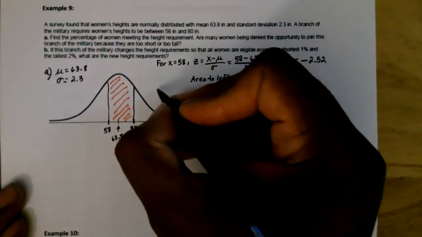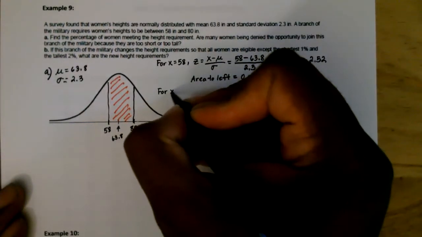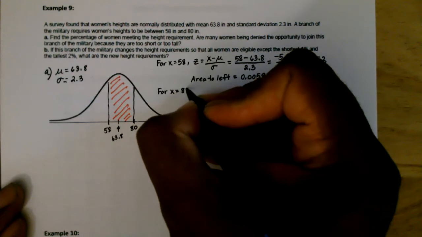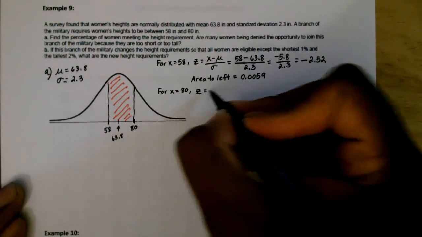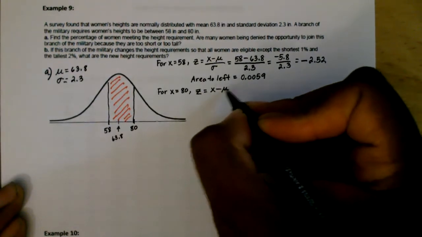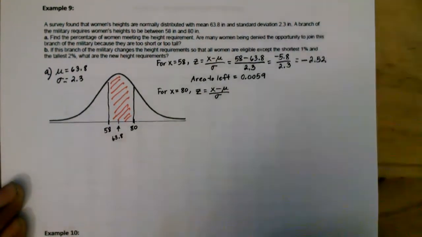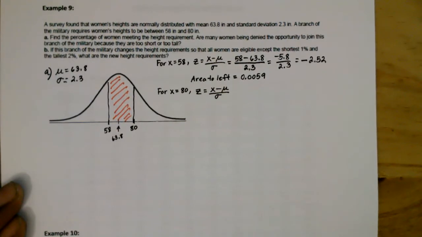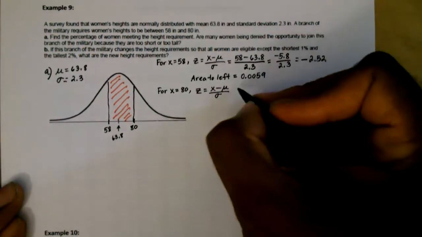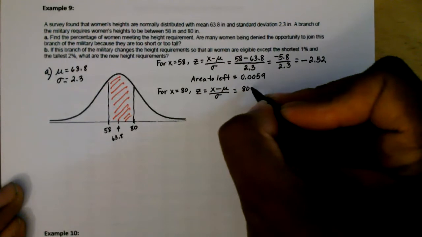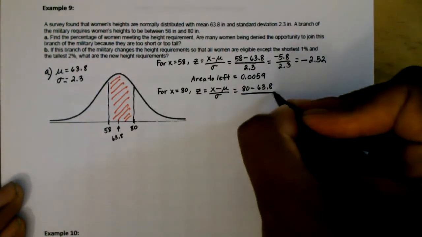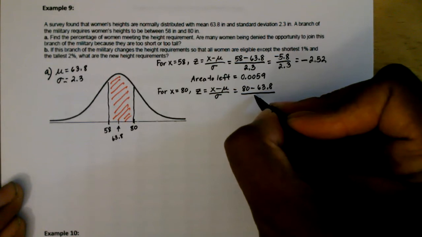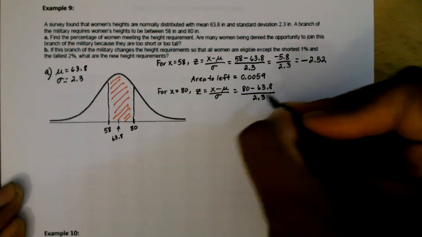Now let's find the Z value and the area to the left where X is equal to 80. Using that same Z formula, X minus mu divided by sigma. This time your X is going to be 80. 80 minus the mu of 63.8, all divided by sigma, which is 2.3.